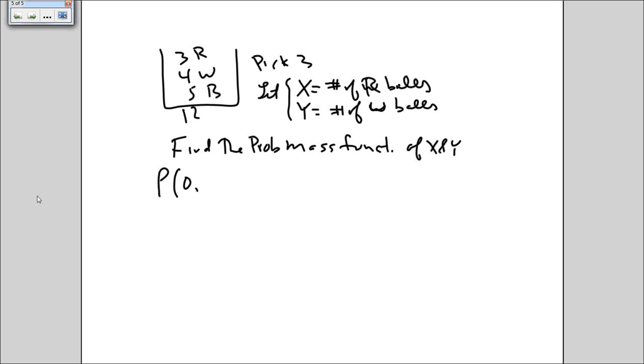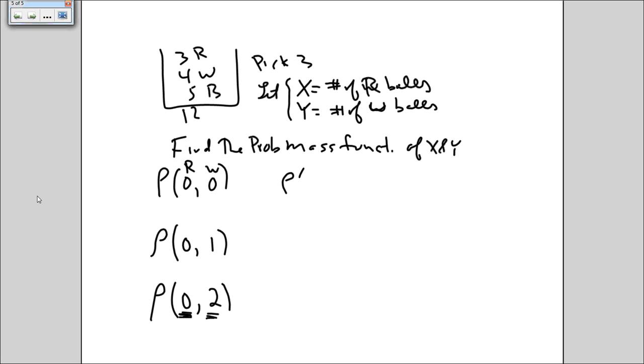Well, it's possible that the number of red is 0 and the number of white is 0. Or the number of red is 0 and you get 1 white. Or number of red is 0 and you get 2 whites. I meant to say 2. 0 reds and 2 whites.